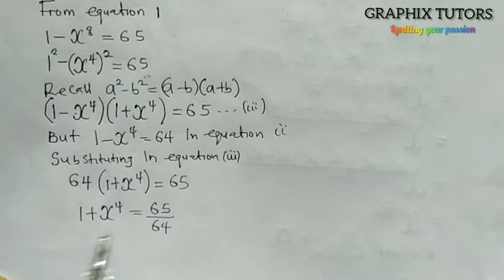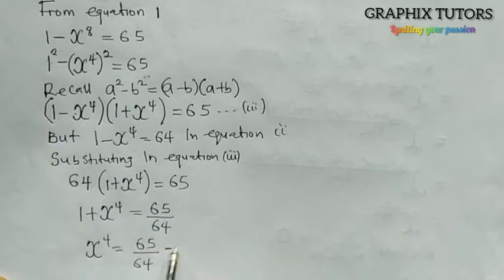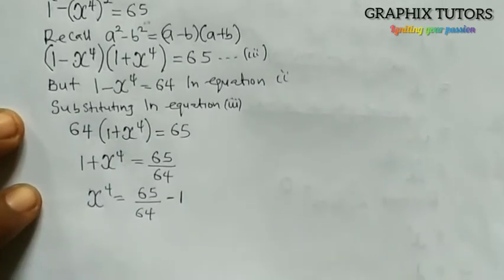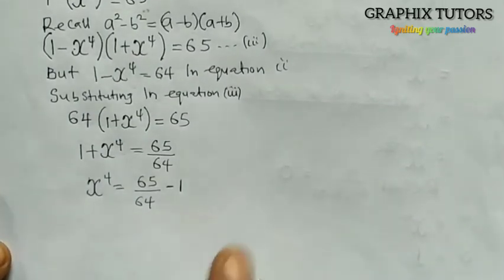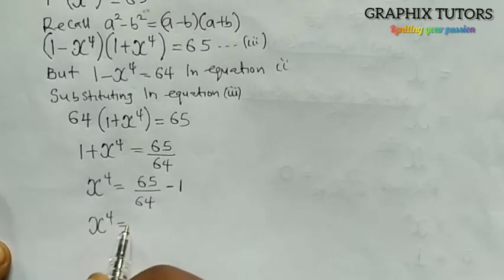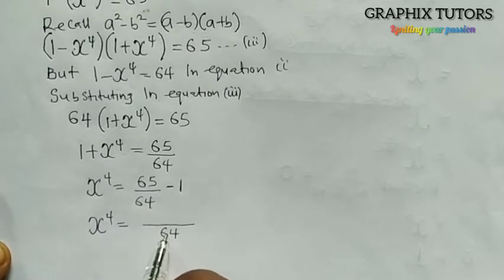So my x to the power of 4 will now give me 65 all over 64 minus 1. So you solve this. This will now give me x^4, the LCM here is 64. 64 and 64 is 1. 1 times 65 is 65.